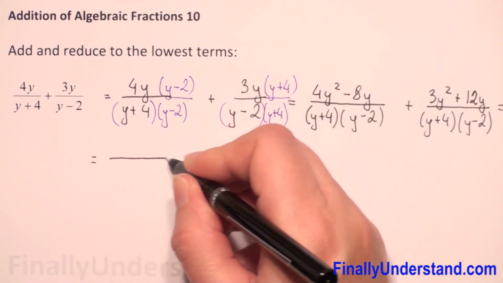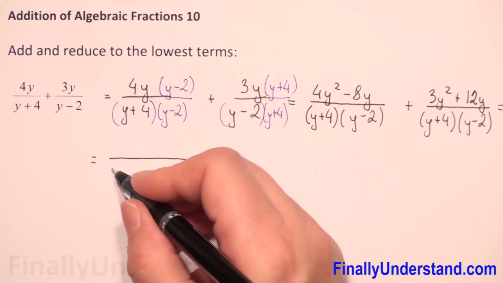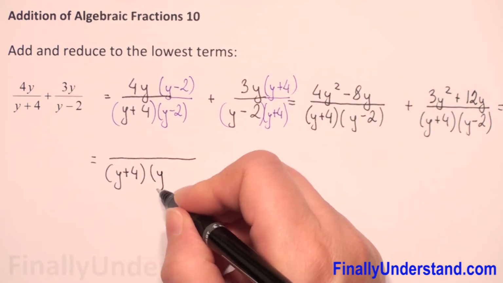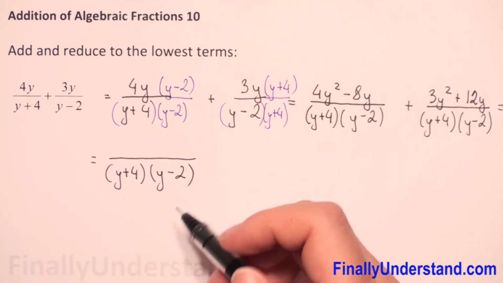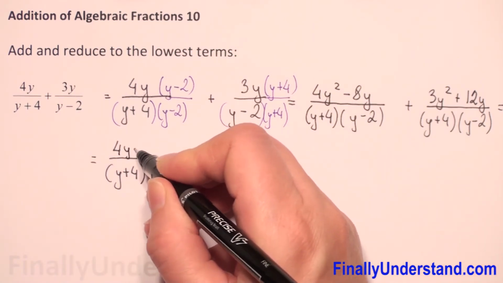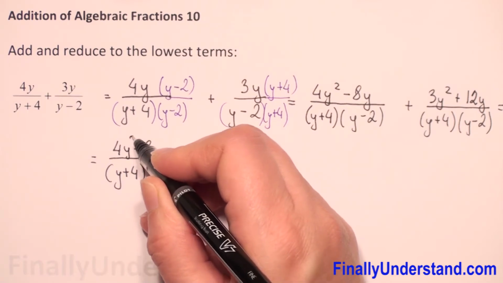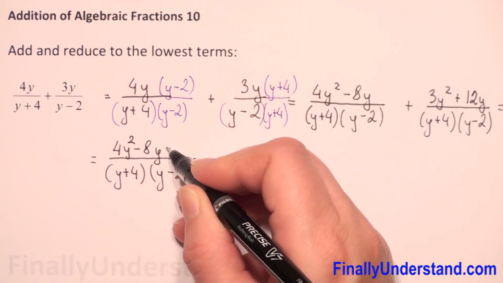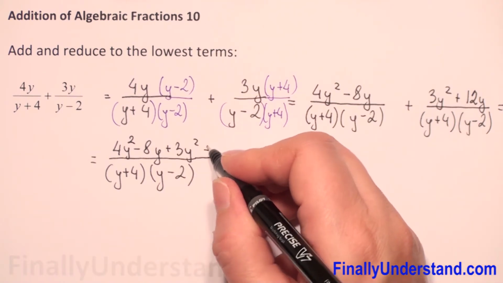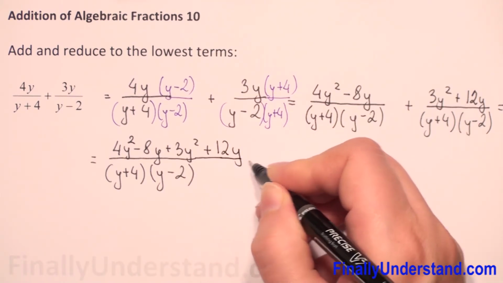So this is equal. Now we have the same denominators, so we copy the denominator. And we add numerators. So we have 4y squared minus 8y, plus 3y squared plus 12y, over y plus 4 times y minus 2.